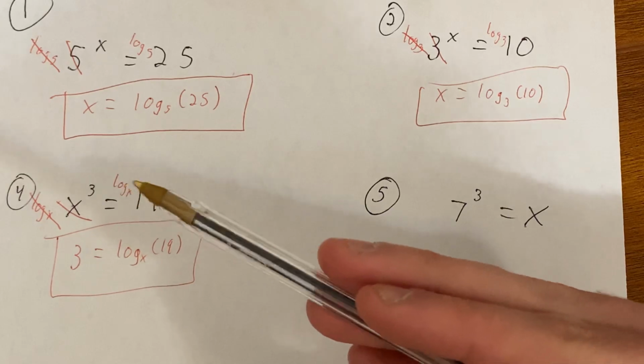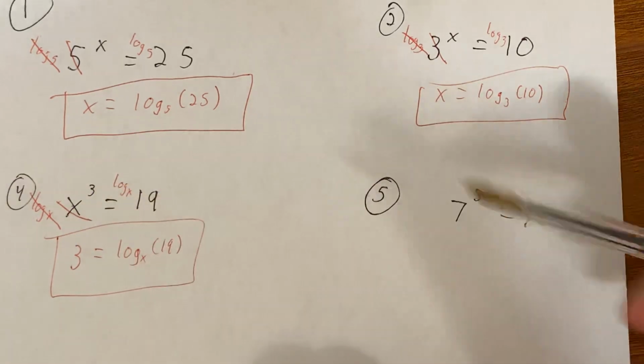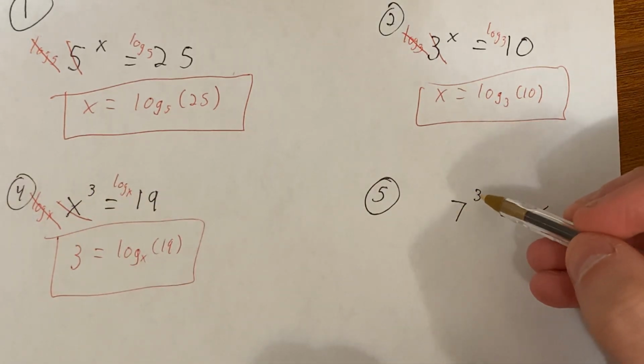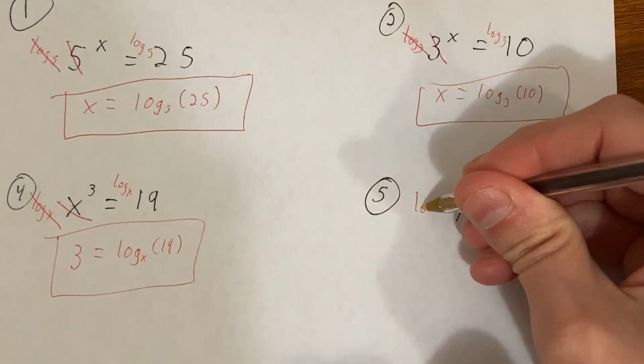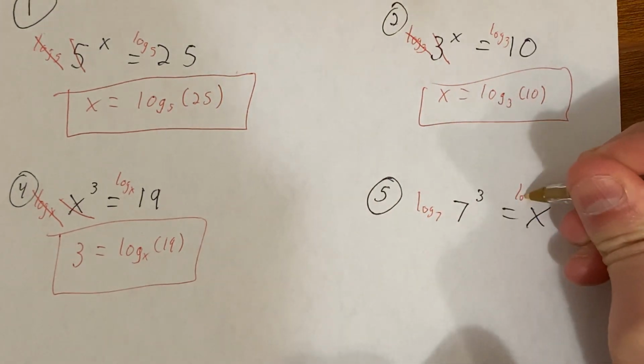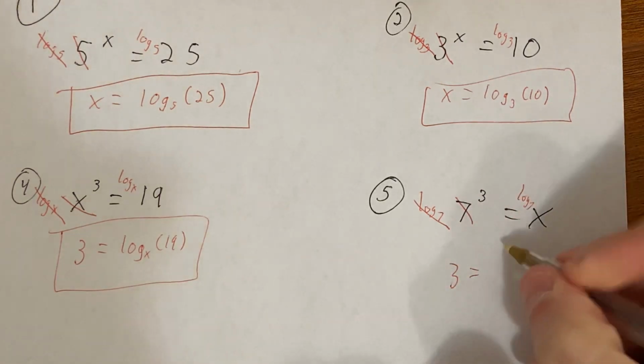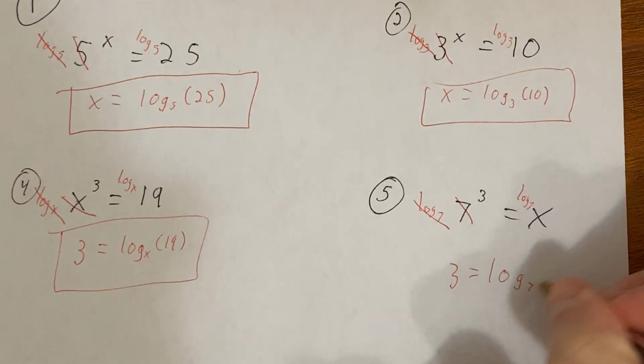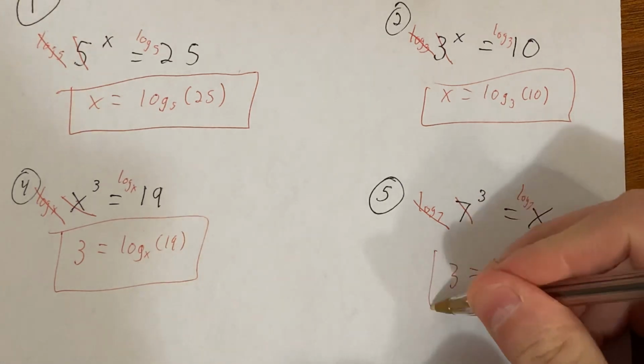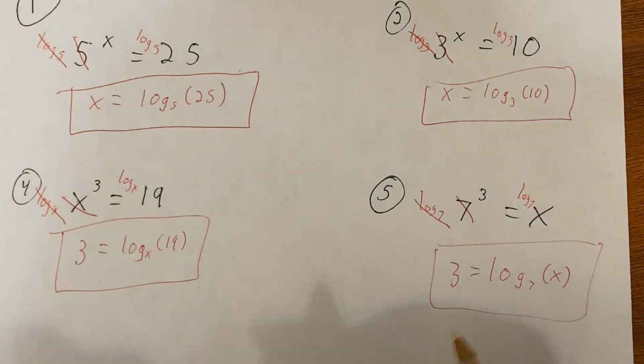Same thing here. The base of the exponent is 7, so the base of the log is 7. Boom, boom, cancel out, and you get log base 7 of x. So taking the log of both sides is what that's called.